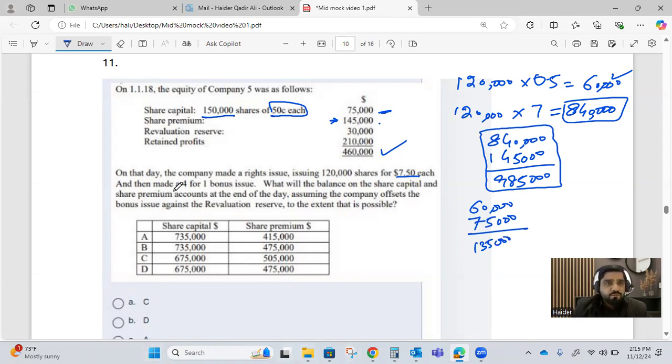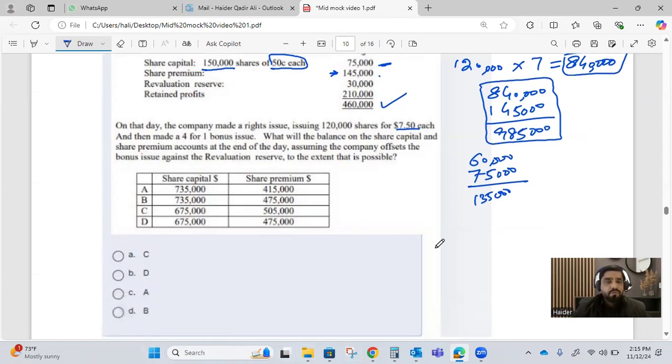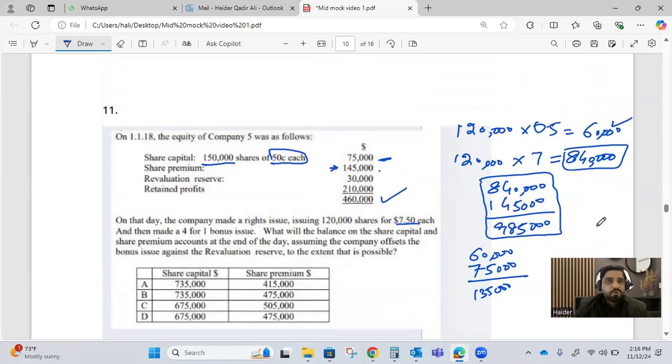And then they issue 4 bonus shares for 1 already held. Okay, here we go. They say we have issued 4 bonus shares for each existing outstanding share. But we need to know how many outstanding shares we have already. So we have 150,000 this one, and 120,000 issued as a result of rights shares.